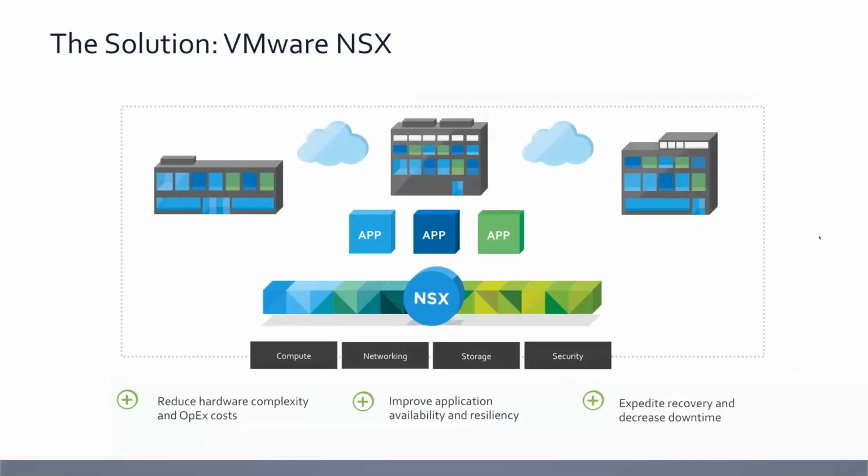What we do is we bring everything together, the compute, the network, the storage and security, and we control it within the virtual space, bringing uniformity throughout the organization. This also reduces the hardware complexity. For all of our OpEx guys, you know when it's time to bring up a new server or add a server, we can easily be concerned with the optics, whether it's Fibre Channel or Ethernet, 1 gig, 10 gig.